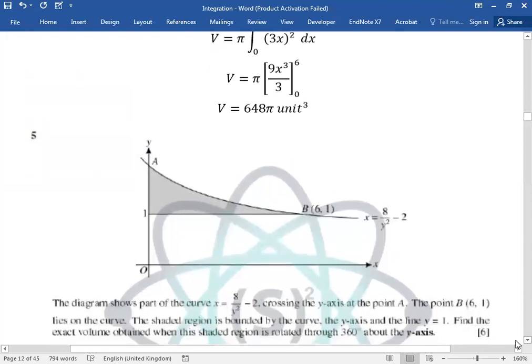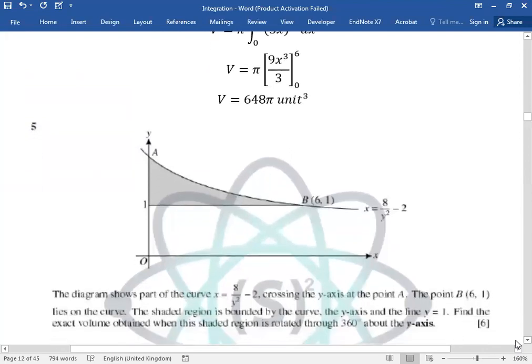Is that right? Now let's have a look at this question. First make the approach, and after that we will talk about how you are intending to solve this question.